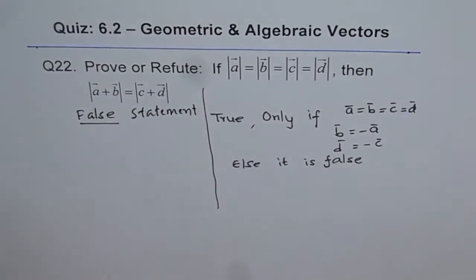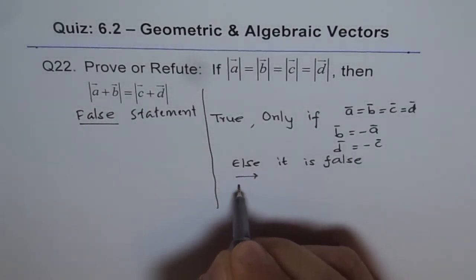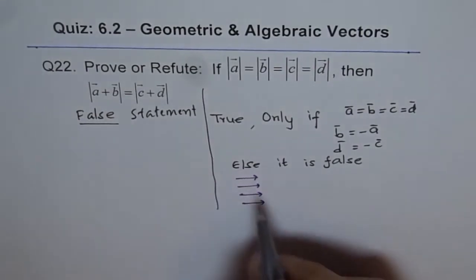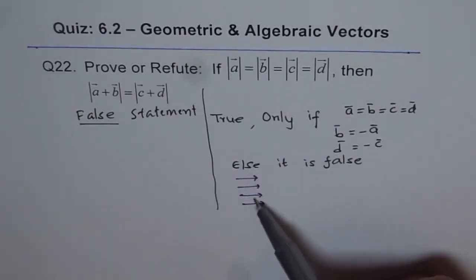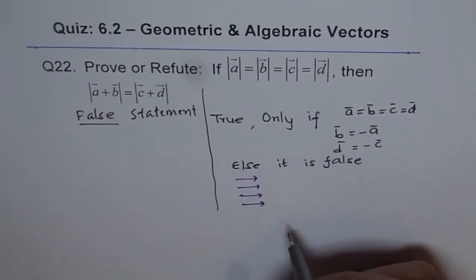Now, to show you the answers, let us say we have all the vectors in the same direction, like this. We know they are equal vectors, they're in the same direction. Their magnitudes are also equal. You add either two of them, you'll get the same result, whether it's A plus B or C plus D. So that is one option when it can be true.